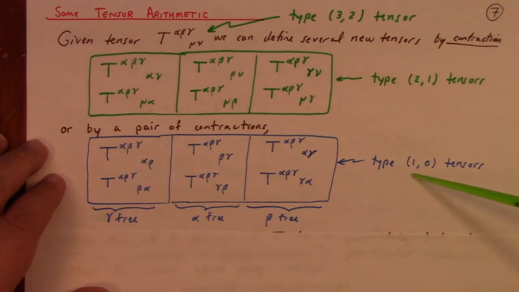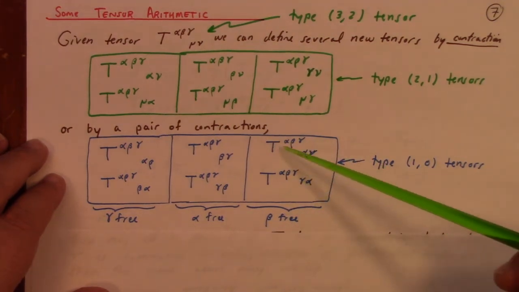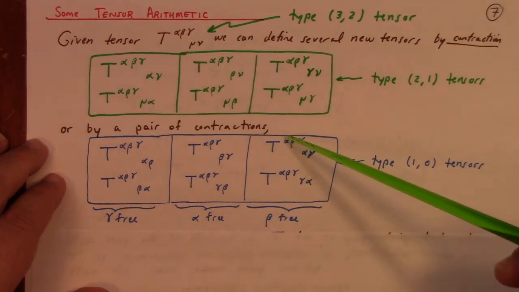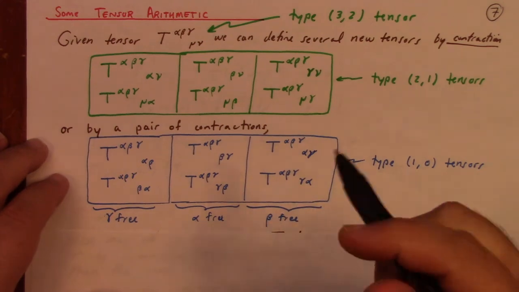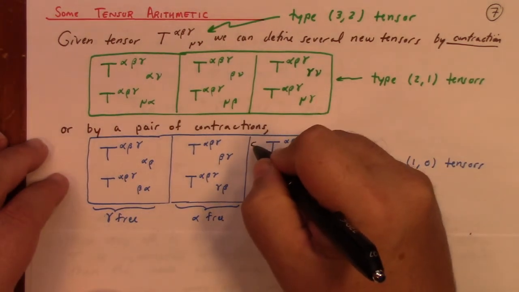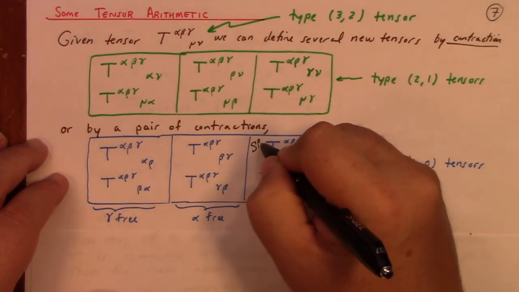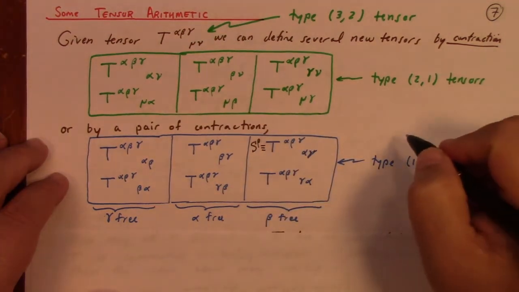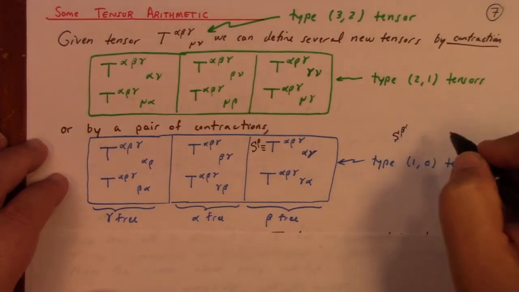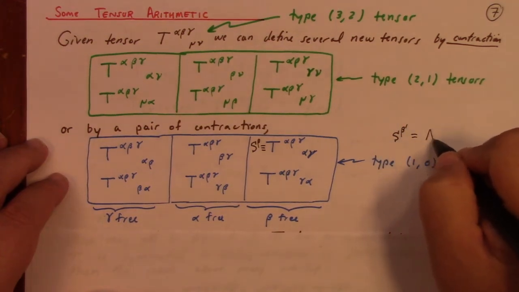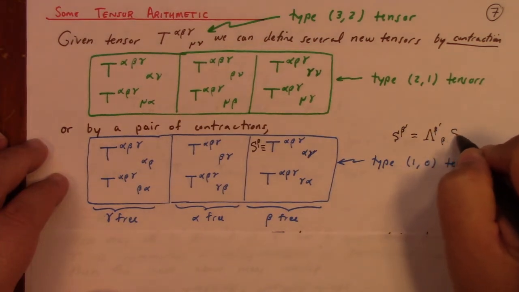If you were to define this thing to be S upper beta equals this, then if you were to study S beta prime, you could show that that's equal to lambda beta prime beta S beta.